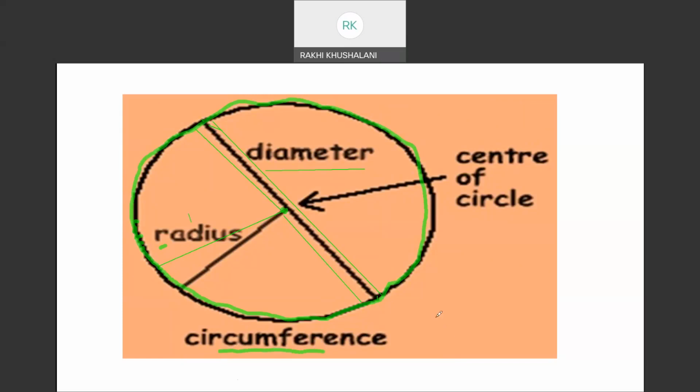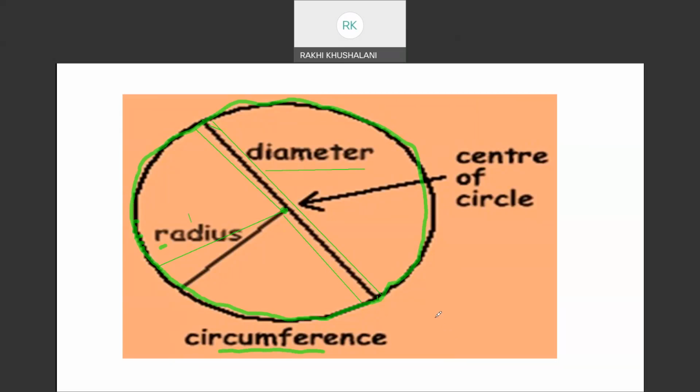What is basically the circumference of the circle? It is the perimeter of the circle. Perimeter means the distance of the boundary. In case of a circle, it is called the circumference. That means the distance around the circle.